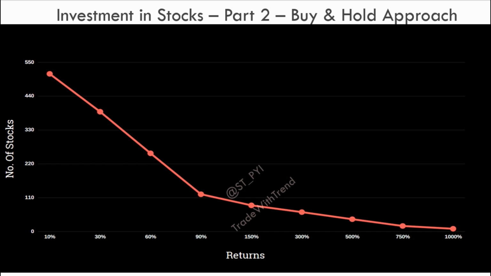So this is an interesting chart I wanted to share. These are the returns given by a stock, and these are the number of stocks. If you see, as the return percentage increases, let's say this is 500% returns, 750%, 1000%, the number of stocks delivering those returns actually goes down, right? So what we are trying to capture is this segment, okay?